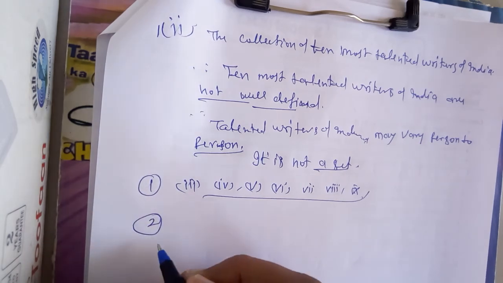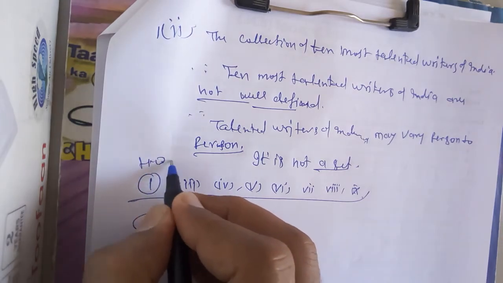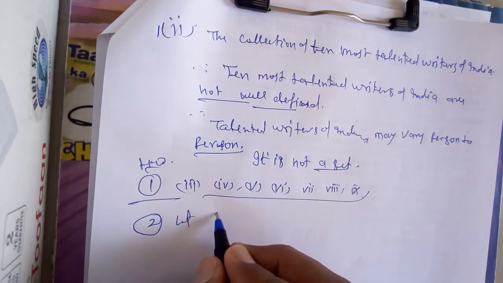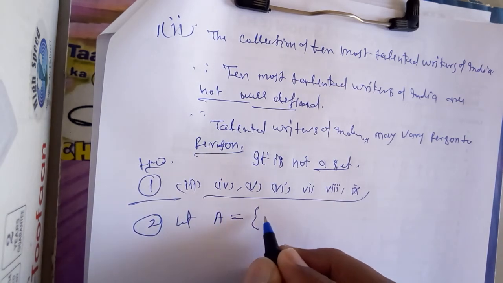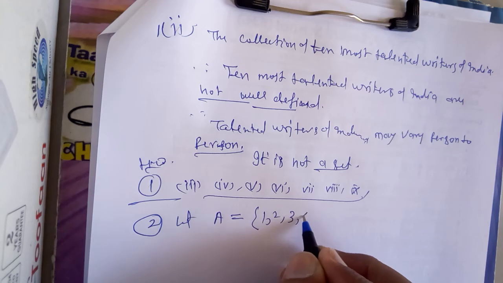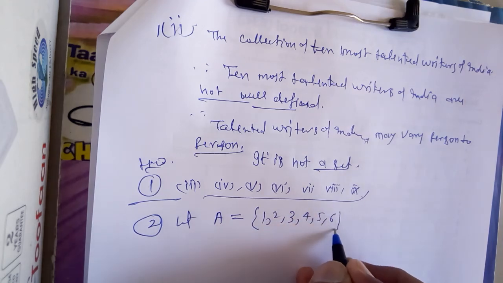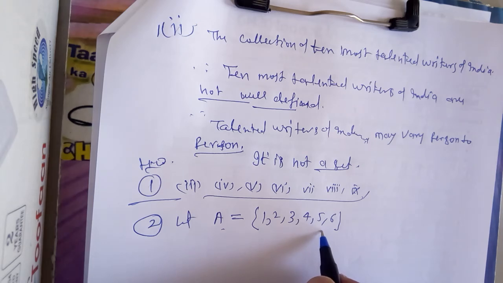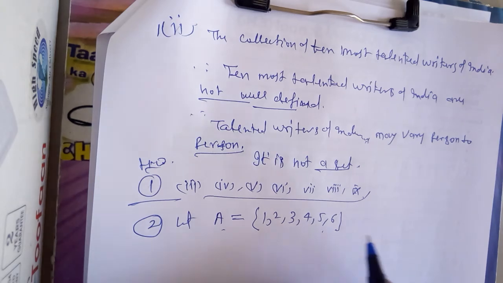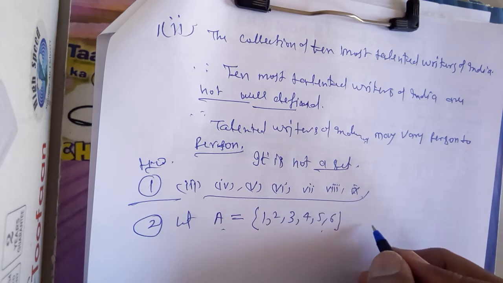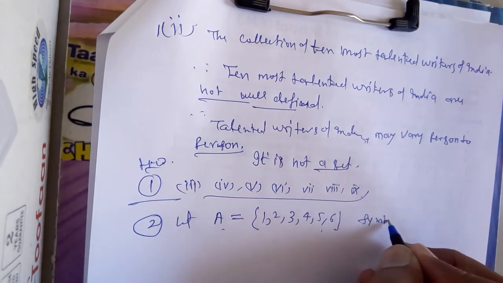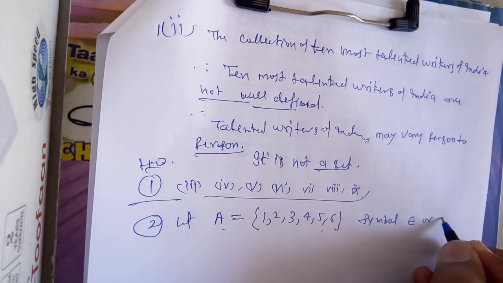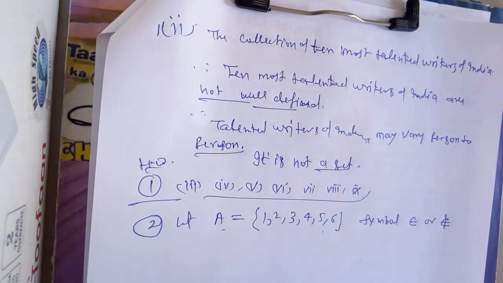Question number 2 is homework. Let A equal 1, 2, 3, 4, 5, 6. Insert the appropriate symbols, belongs or does not belong.